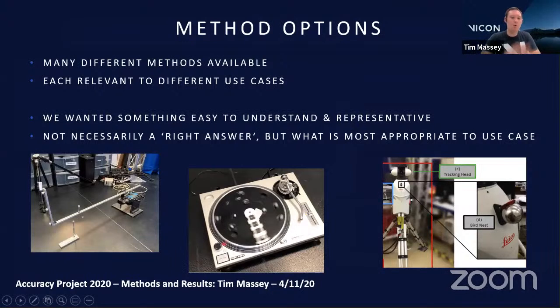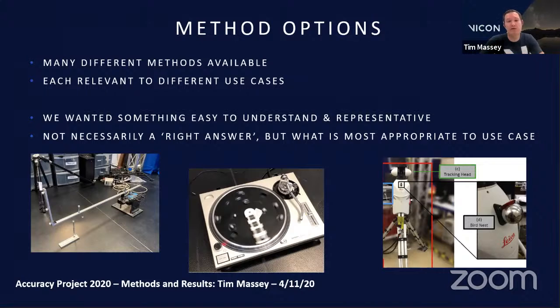I'm not going to go through all the different methods we looked at in detail and all the pros and cons. I think it's sufficient to say that there are a lot of different methods available, and they all have pros and cons. There's no right answer here. It's really important that you have something that is representative to your use case.